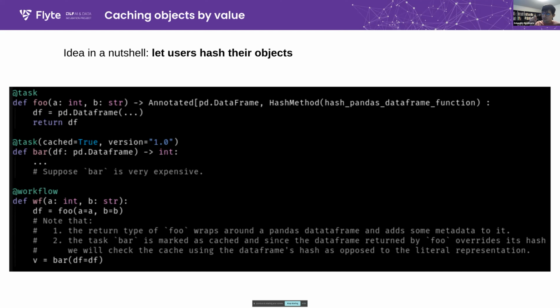During that step we basically add a value to the literal, saying, hey, the hash of this literal is X, which was calculated using this method that you provided. So it's not when the task is about to execute, it's when the task that produces the data that you want to override the hash that step happens.